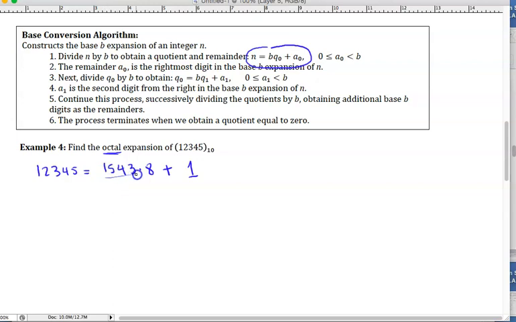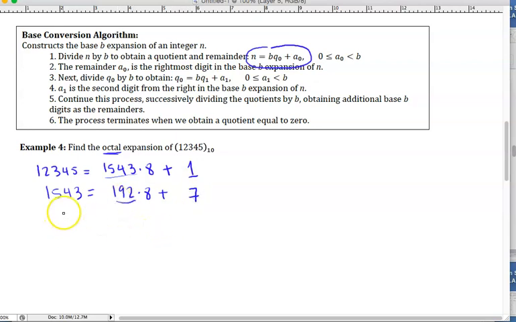So now we're going to take 1543 and divide this by 8. And I get 192 plus the remainder. So 1543 minus 192 times 8, remainder of 7.